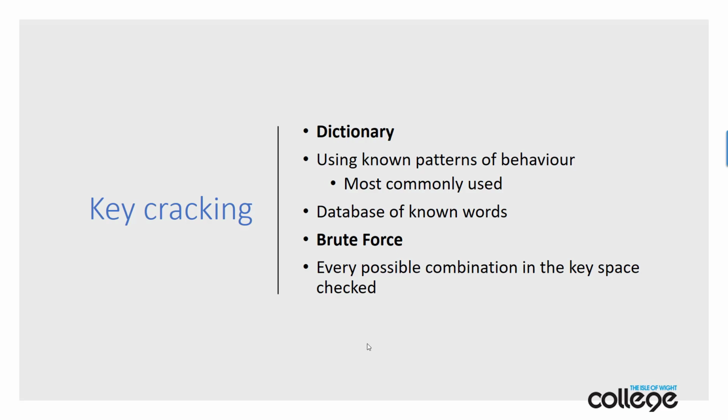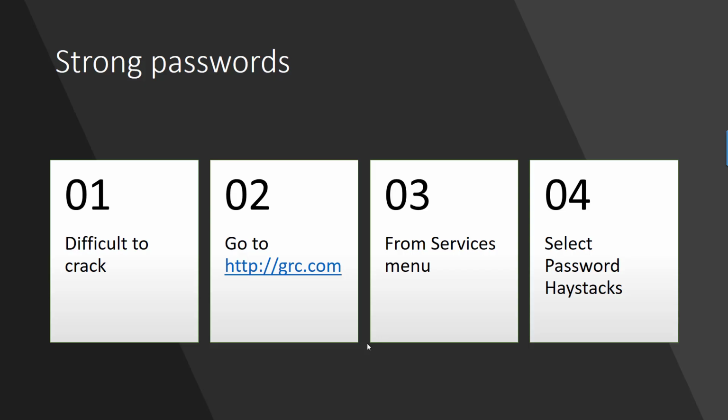The alternative is a brute force attack, where we simply exchange characters, symbols and numbers into every possible combination of the Unicode character set in the key space. That's a very sophisticated technique, and given today's computing power, is increasingly used.